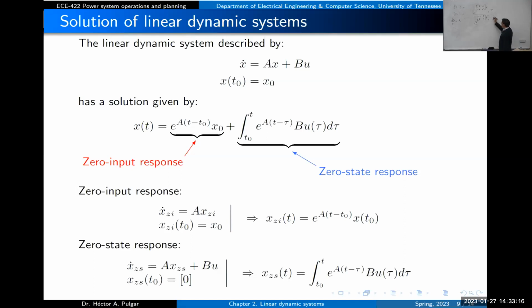Well, the solution of this is going to be, because this is a diagonal matrix, easy peasy. You might say, okay, I can see that. We need to prove that, but if you have a diagonal matrix and you get the exponential of a diagonal matrix, that's what you are going to get.